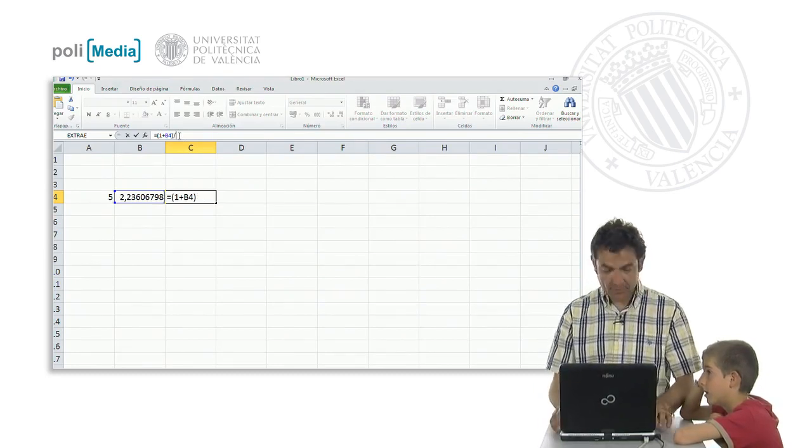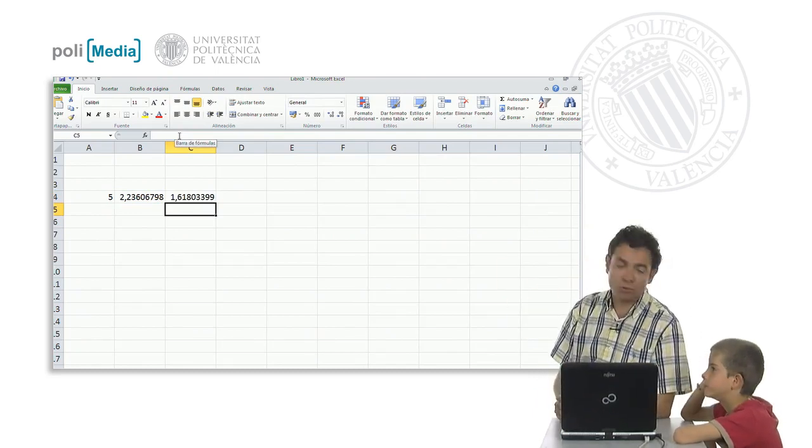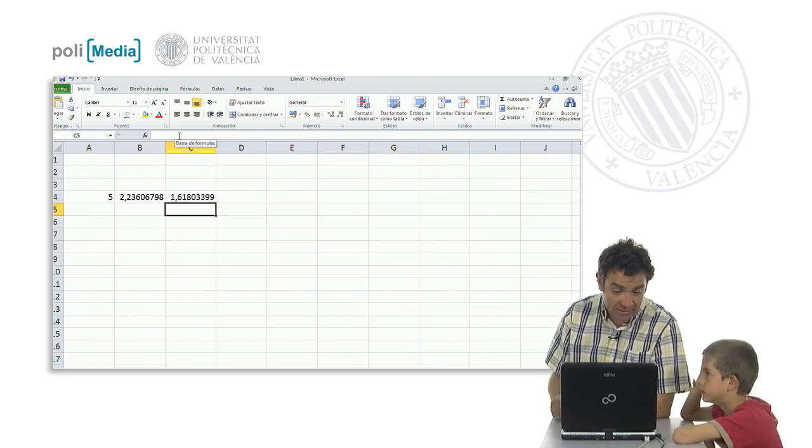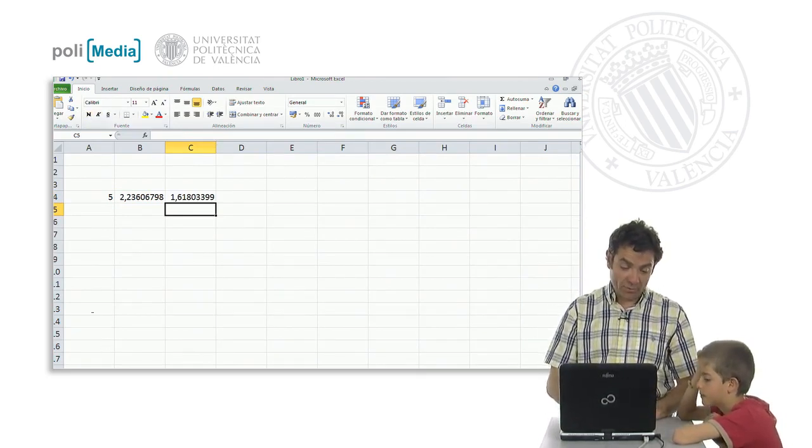Now we have it. We have a very interesting number, 1.618 and loads more decimals, that in essence is what is called the golden proportion.